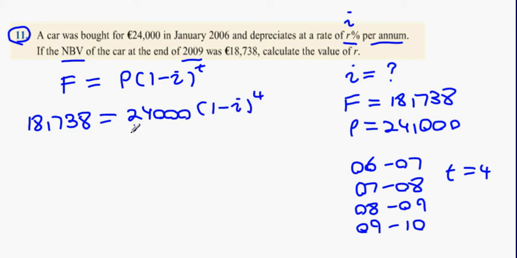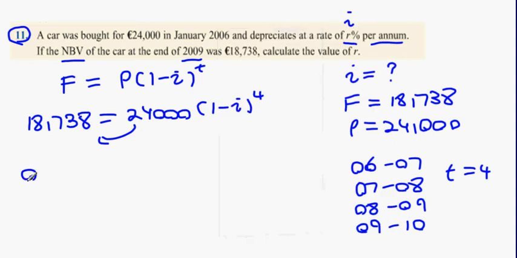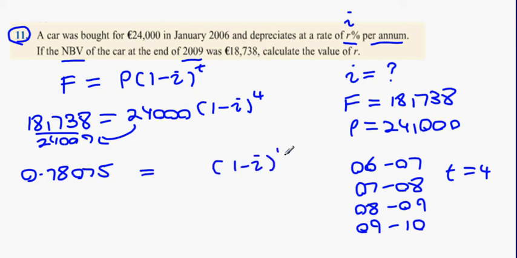Now divide 24,000 into 18,738, 18,738 divided by 24,000. And what we should get here is 0.78075. Okay, that's when you divide by 24,000 here, and that equals 1 minus I to the power of 4.